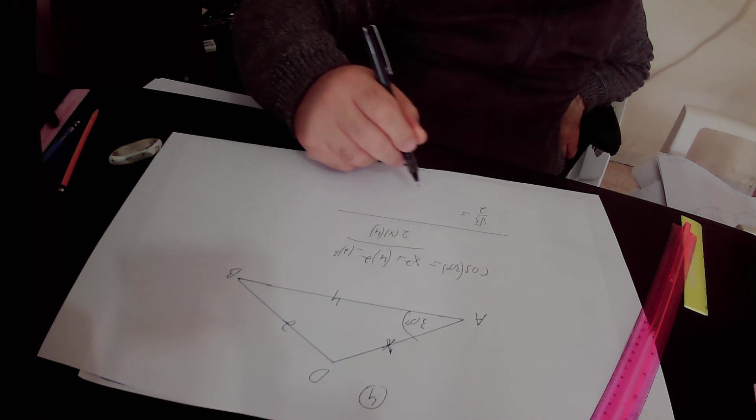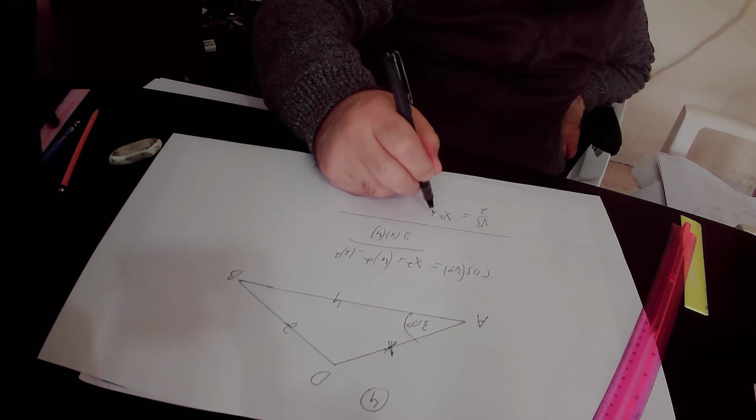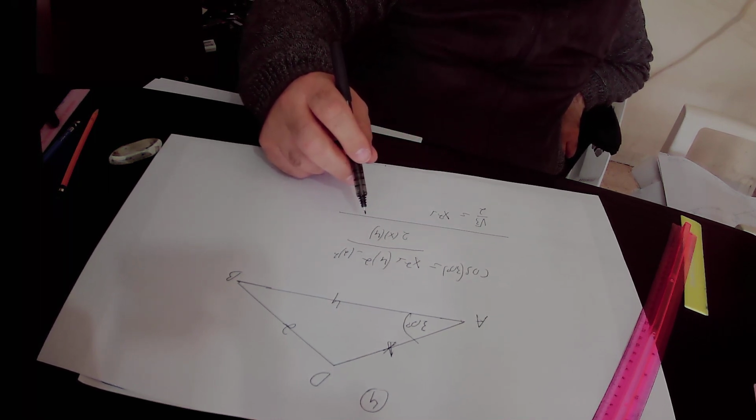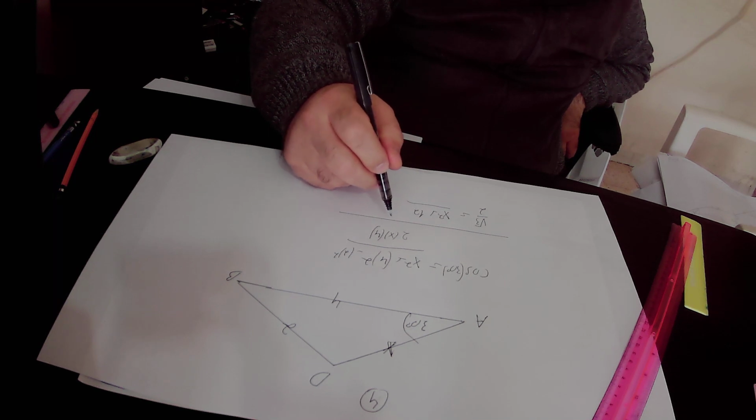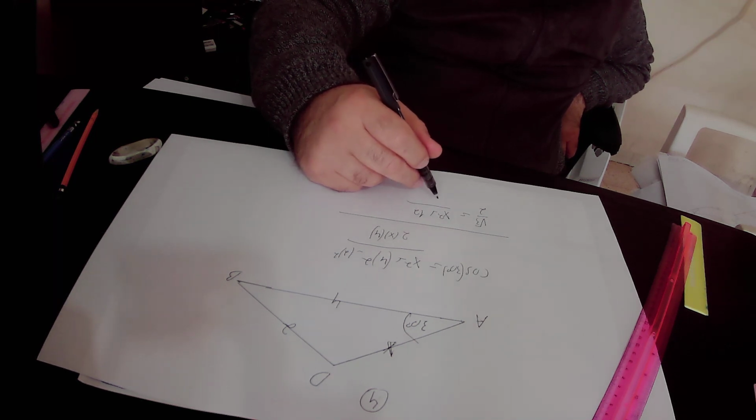And it equals x squared plus 4 squared, which is 16, minus 2 squared, which is minus 4. 16 minus 4 is 12, over 2 times 4, which is 8, 8 times x is 8x.